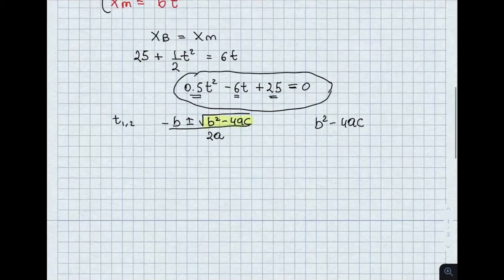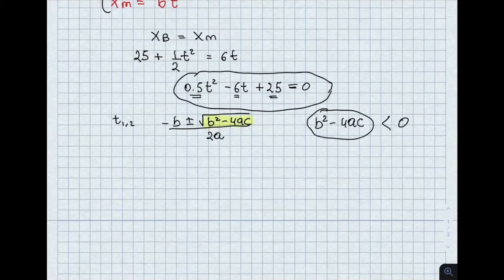If this value is less than 0, then there is no solution, which means the man will not be able to catch the bus. Because if you have a negative under a square root, you have a complex solution. So if it is less than 0, no solution.